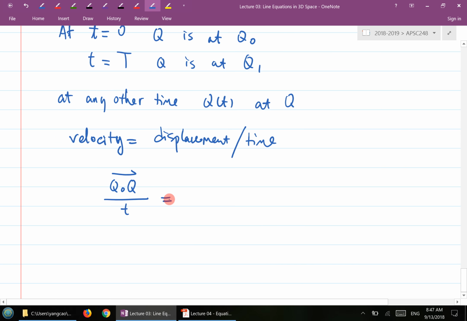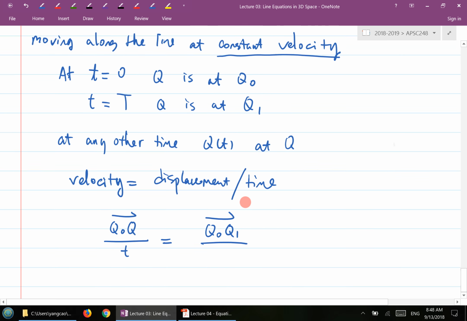That's how much time it takes to travel from Q0 to Q. And that gives you the velocity, right? Now if I use Q0Q1 as the displacement, it takes how much? Capital T, right? Capital T is the time to travel from Q0 to Q1. So there we go, right? These two should be the same velocity. And we created a simple equation based on the description.